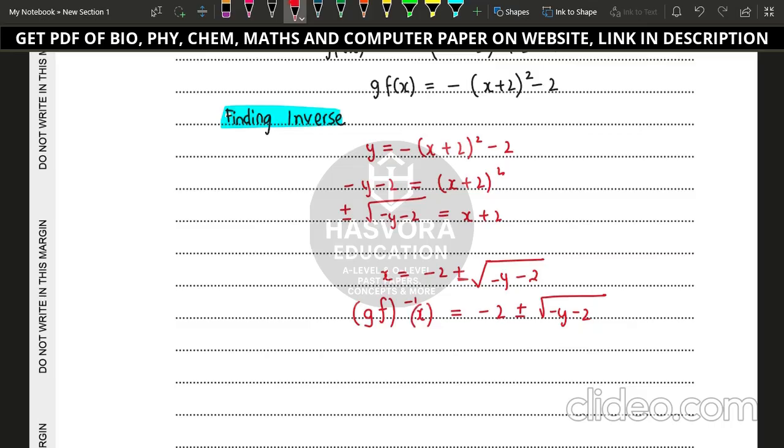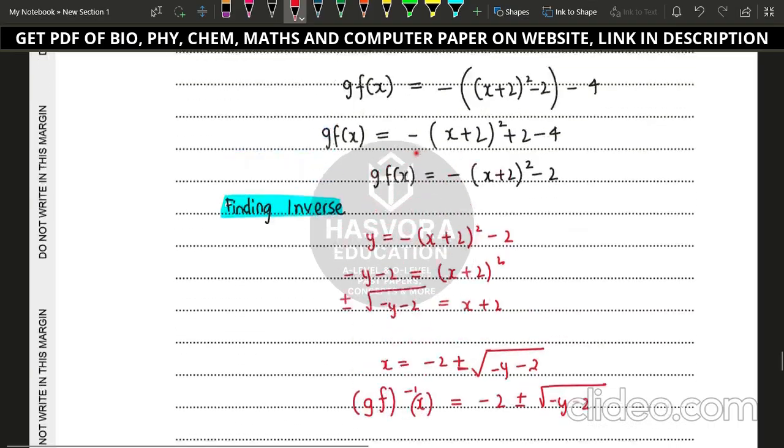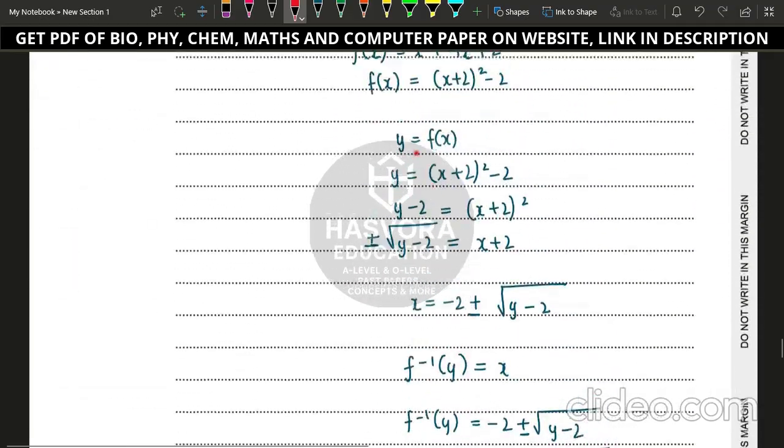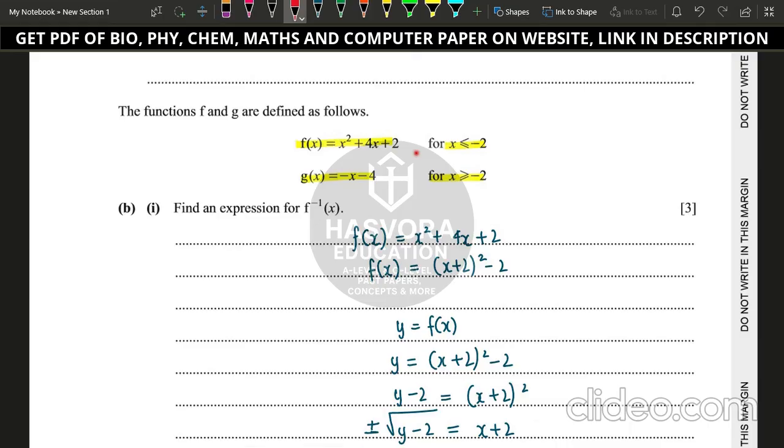Now we have plus minus in this equation as well. So how am I going to decide whether it is minus or plus? If I look into f of x, its domain is always less than or equal to minus 2. It will always accept the values that are less than or equal to minus 2.